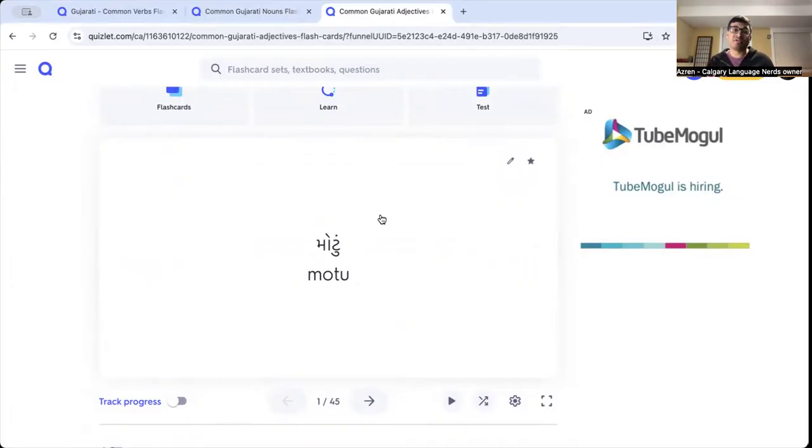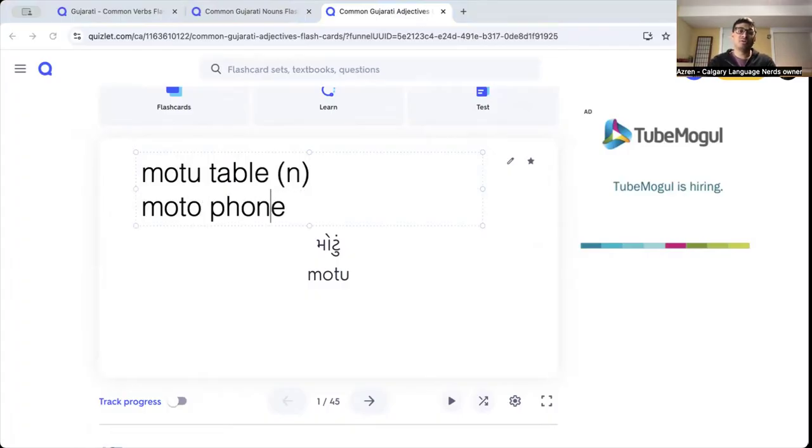But very briefly, just so you know, for all adjectives that end in u, the gender of the noun in the sentence changes the spelling and pronunciation of the adjective. So I'll give one example right now. Motu table, because table is neutral.